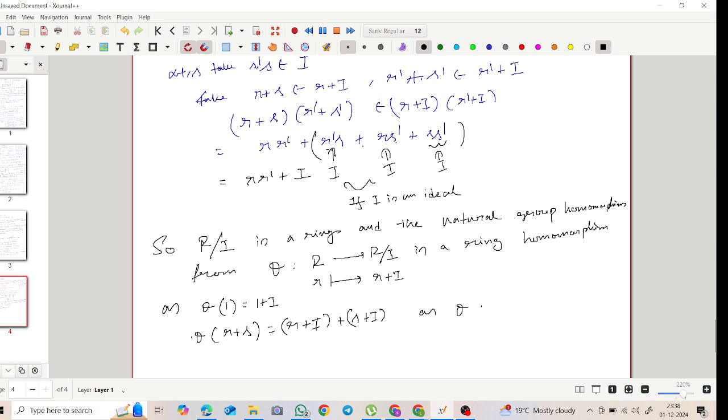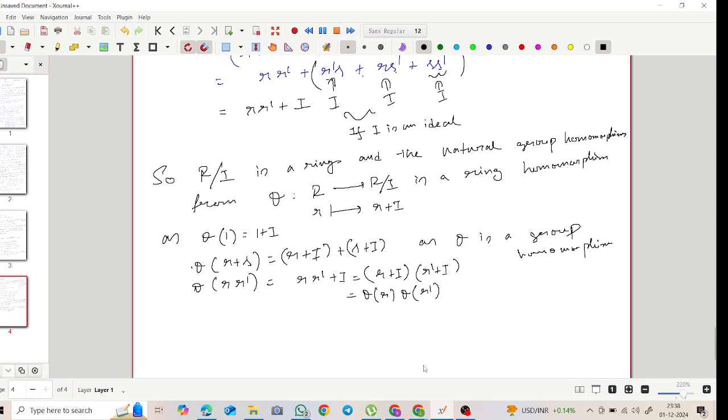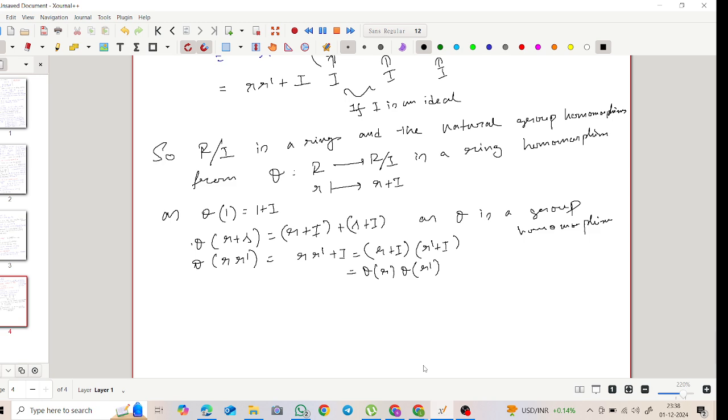Theta of r r prime we have seen to be r r prime plus I, which is r plus I times r prime plus I, that is theta r times theta r prime. Okay, so this becomes a ring homomorphism. Understood? That's why we need the notion of an ideal.